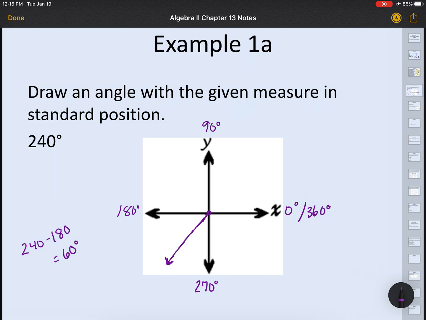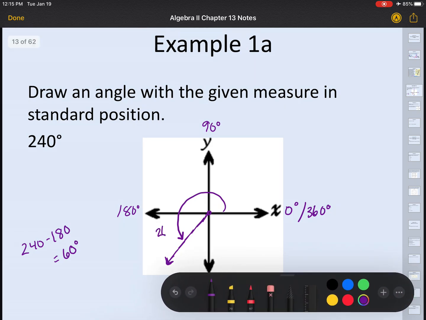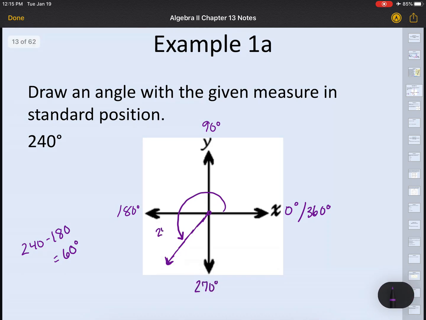That's good enough, because I had to go all the way here. So this is 240 degrees, not 60. So here's my angle. And again, its initial side is on the positive x-axis. It's just laying there.